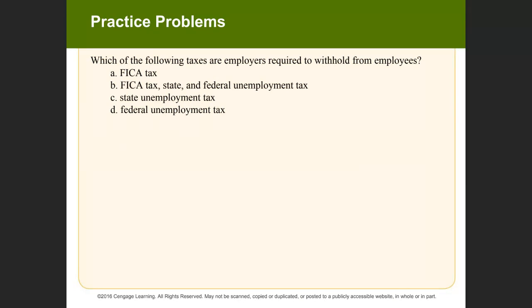Which of the following taxes are employers required to withhold from employees?